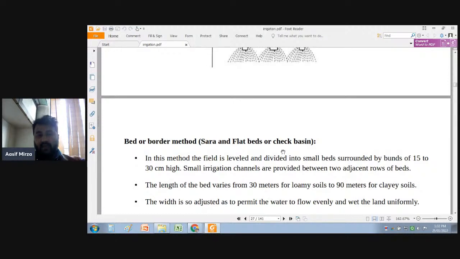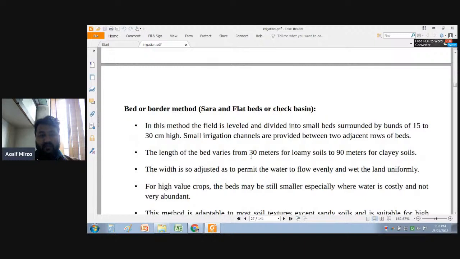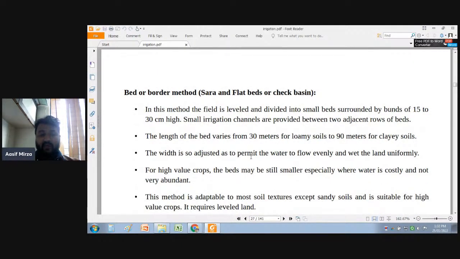The length of the beds varies from 30 meters for loamy soil to 90 meters for clay soils. The width is so adjusted as to permit the water to flow evenly and wet the land uniformly. For high value crops, the beds may be still smaller, especially where water is costly and not very abundant. This method is adaptable to most soil textures except sandy soil and is suitable for high value crops.